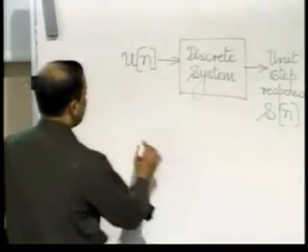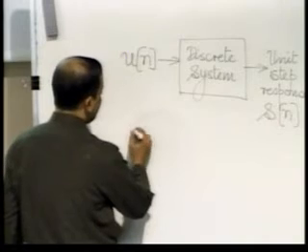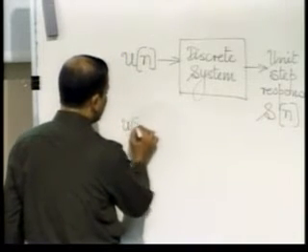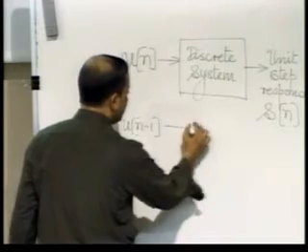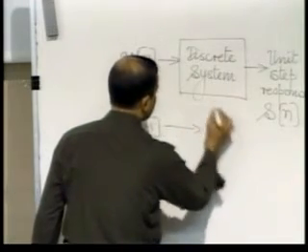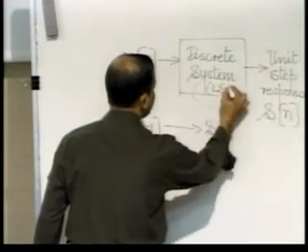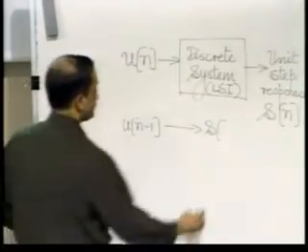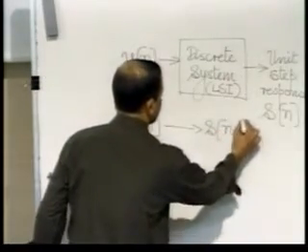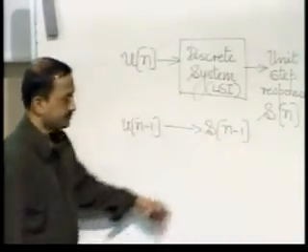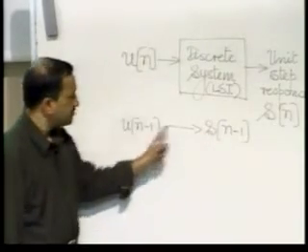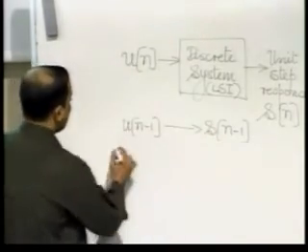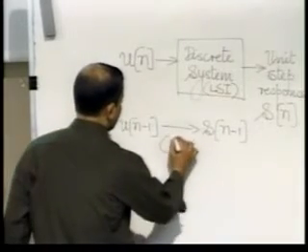Then, by using the property of shift invariance, u[n minus 1] would result in s[n minus 1]. This is LSI, linear and shift invariant. So, u[n minus 1] would result in s[n minus 1], and this is from shift invariance.